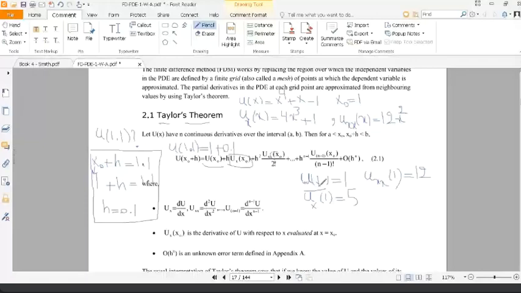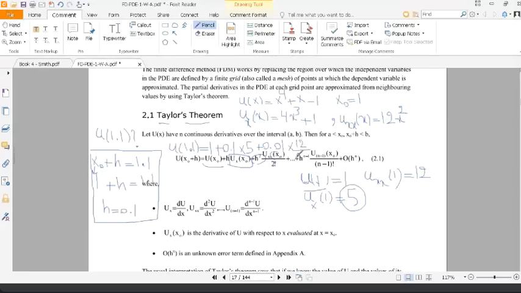We compute this and obtain the result 5. So 0.1 times 5, plus h squared, h is 0.1 and h squared is 0.01, times u_xx of x0. u_xx of 1 is 12, times 12 over 2 factorial, that is 2.